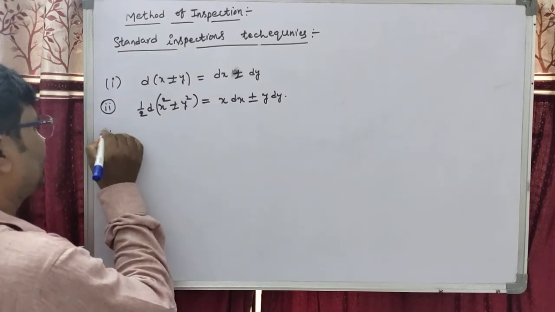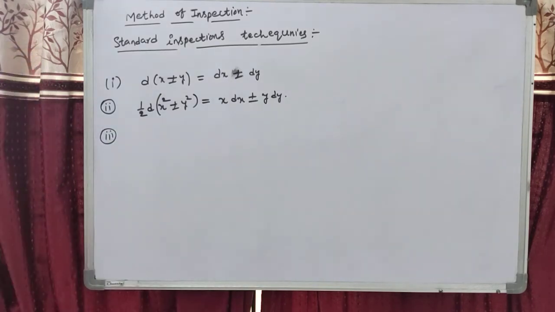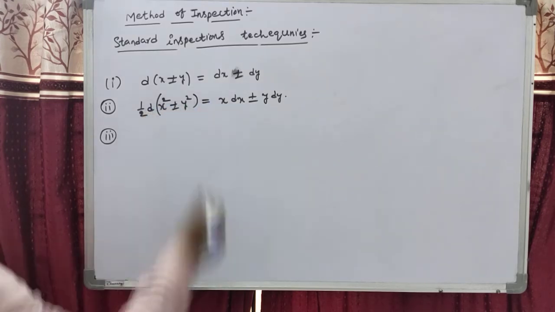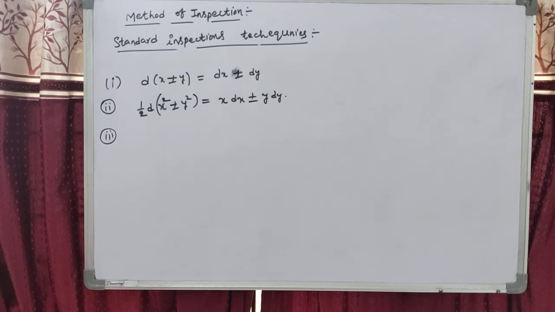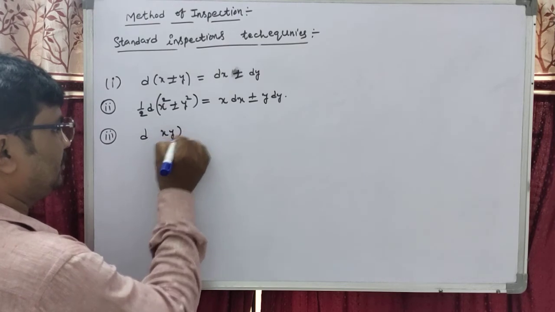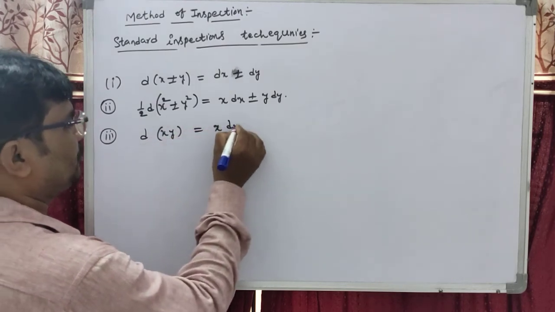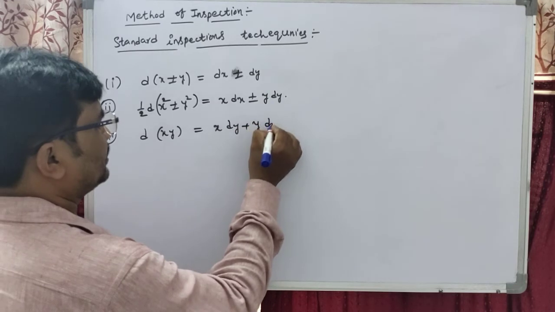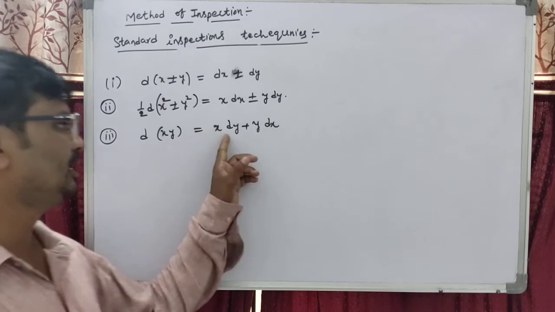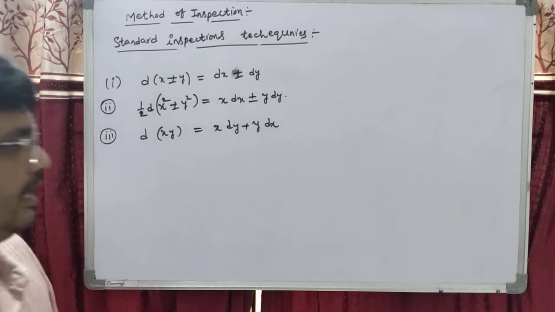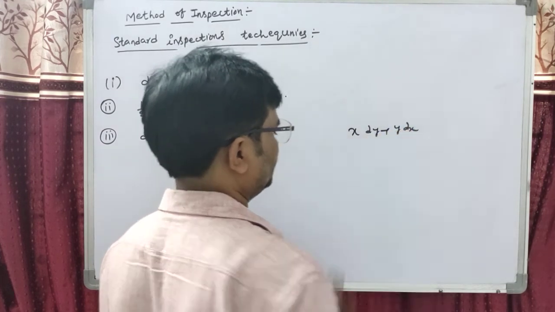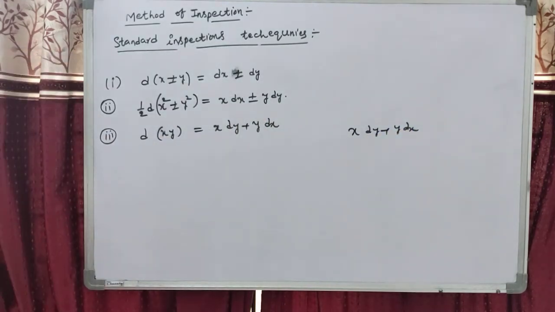Now the third technique, students. Just identify: the derivative of x square is 2x, the derivative of x is dx. The third technique is the derivative of xy. What is the derivative of xy? We have to know that it is x into dy plus y into dx. This is one of the very important techniques, students. Suppose x dy plus y dx is there in the integral. How to find the integral, dear students?